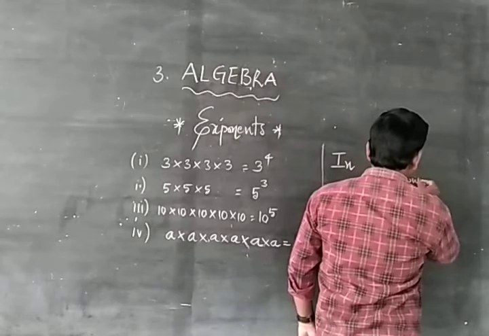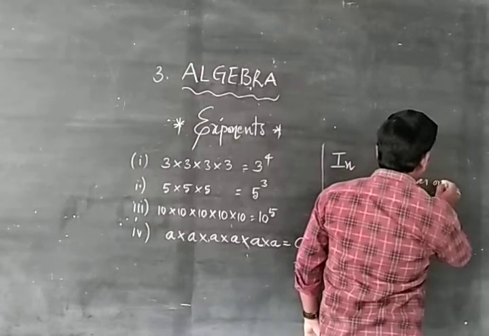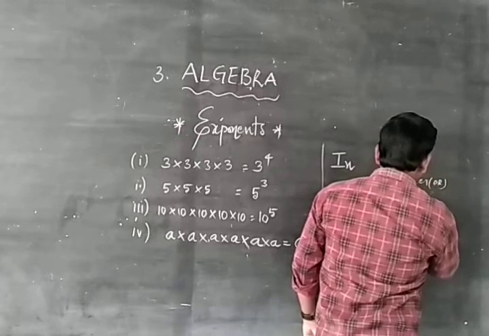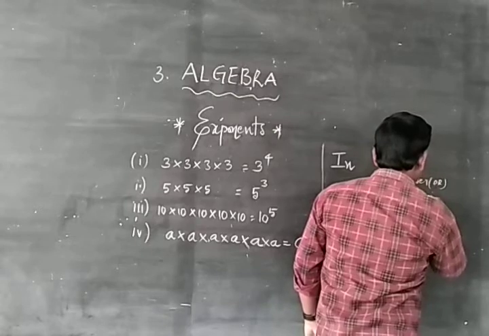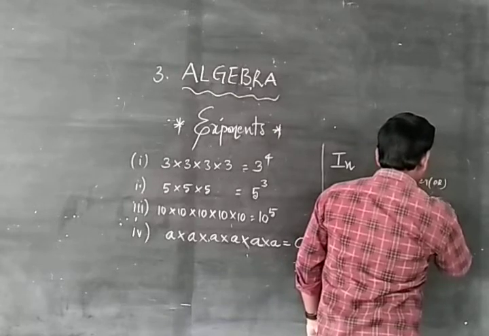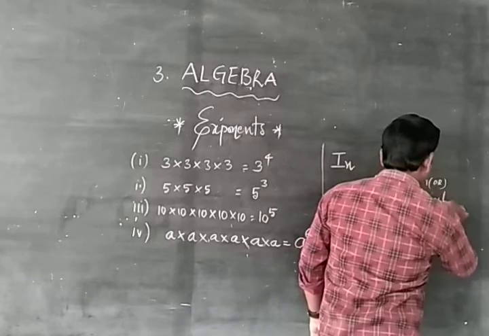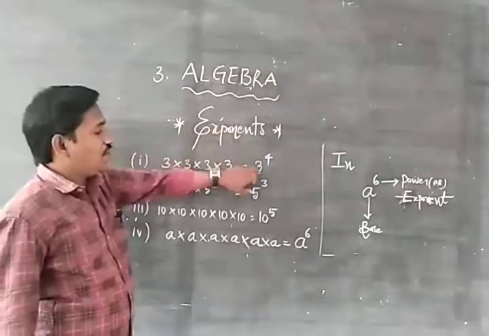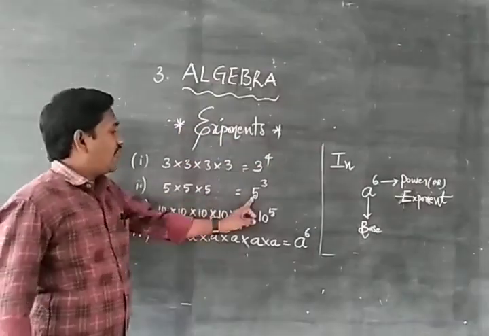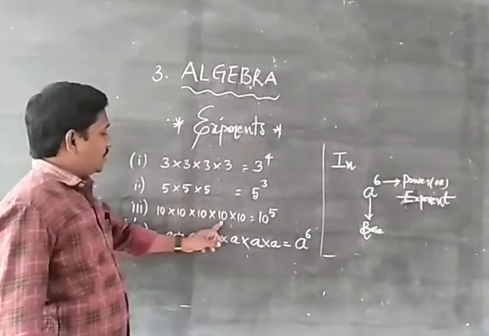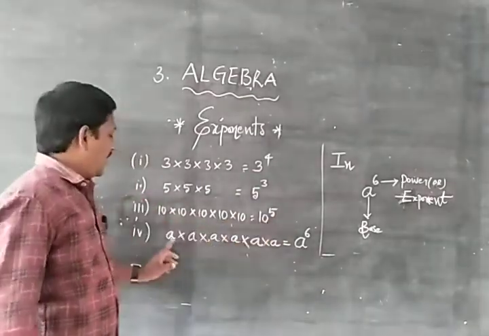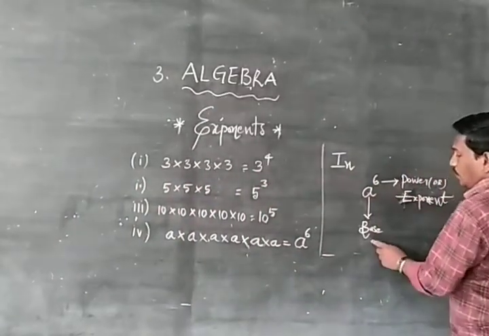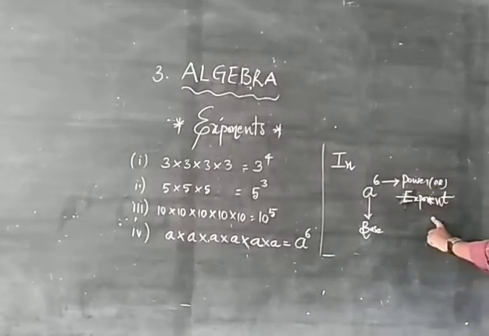So 3 into 3 into 3 into 3 is 3 power 4. 5 into 5 into 5 is 5 cube. 10 into 10 into 10 into 10 into 10 is 10 power 5. A into A into A into A into A into A is A power 6. In A power 6, A is called the base and 6 is called the power or exponent.